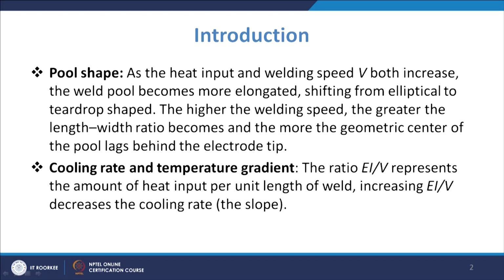As the heat input and welding speed V both increase, the weld pool becomes more elongated, shifting from elliptical to teardrop shaped. Initially, when V is less and heat input is also less, the pool is in the form of an ellipse, because you are moving in one direction.